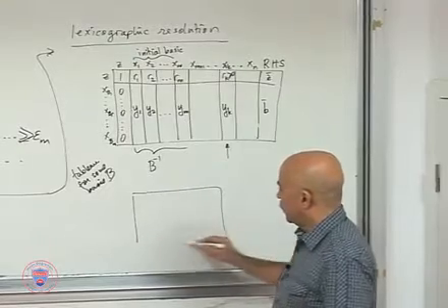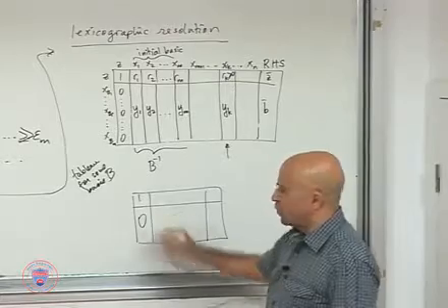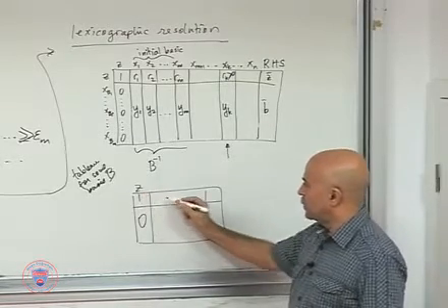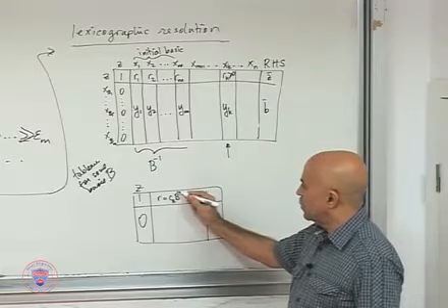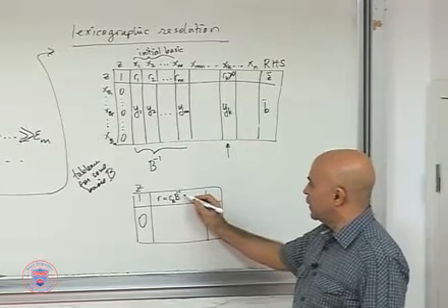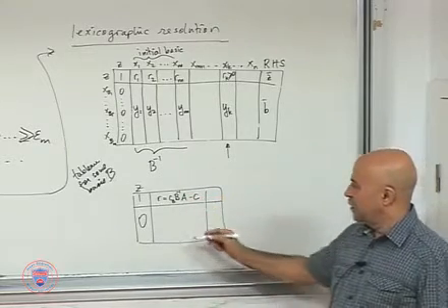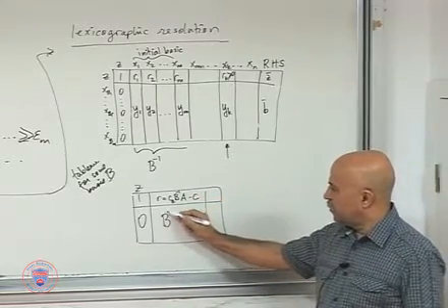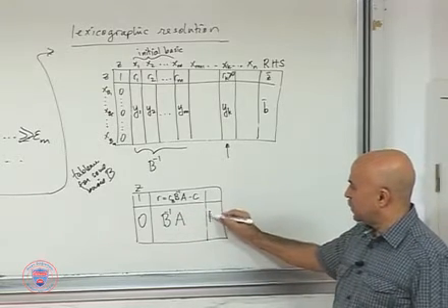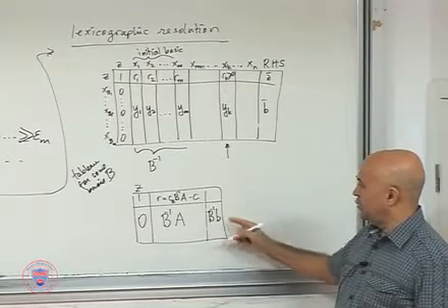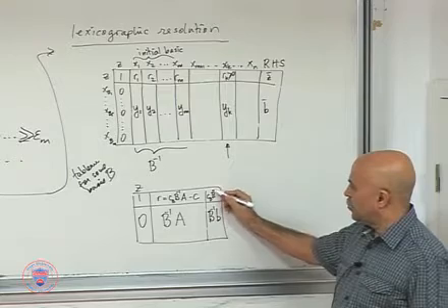Because when you look at any tableau, you've got the 1, 0 column for Z. You've got the reduced costs defined by CB, B inverse, that's a row vector, times A minus C. But this part is B inverse multiplying the initial A matrix. And this part is B inverse multiplying the initial right-hand side. And this part is CB, B inverse B.